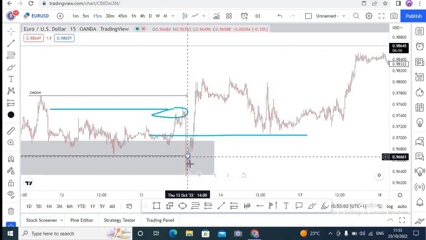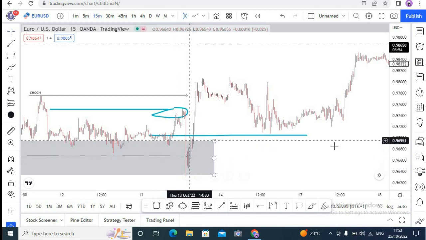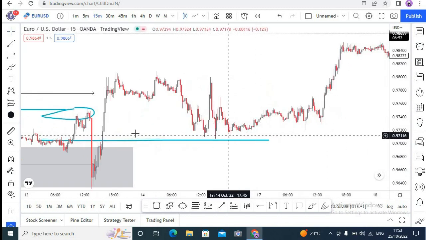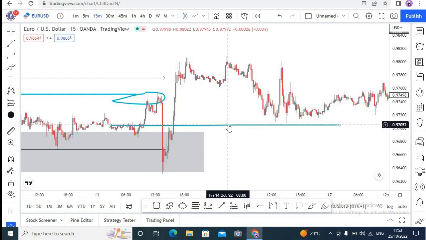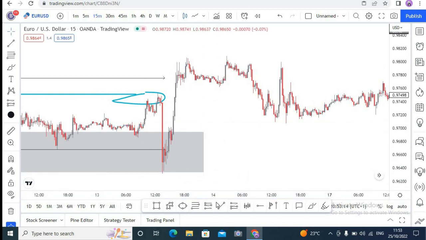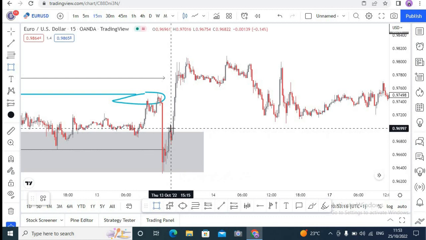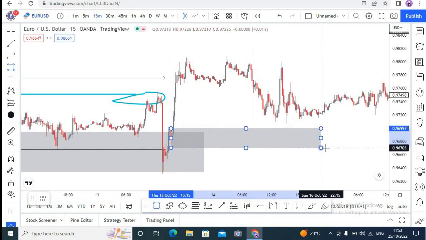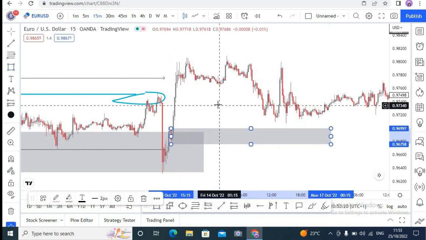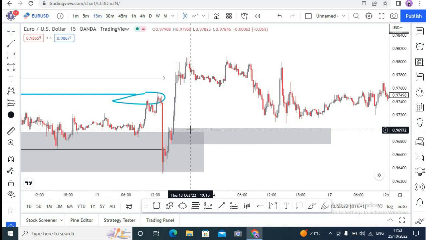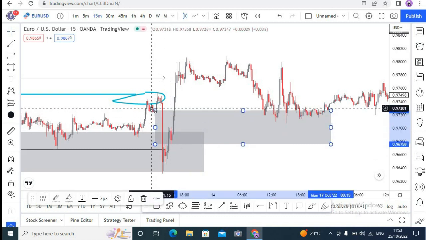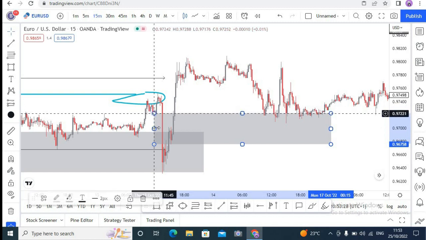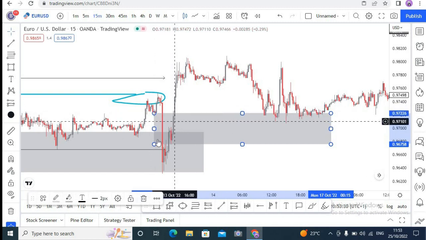So after price respected a demand zone area, the price has created what we call a fair value gap or an imbalance level, right? So you can see clearly we did have this demand zone area right here, but what you have to understand is that here we do have what we call a fair value gap. So they will come and fill the candlestick right there.